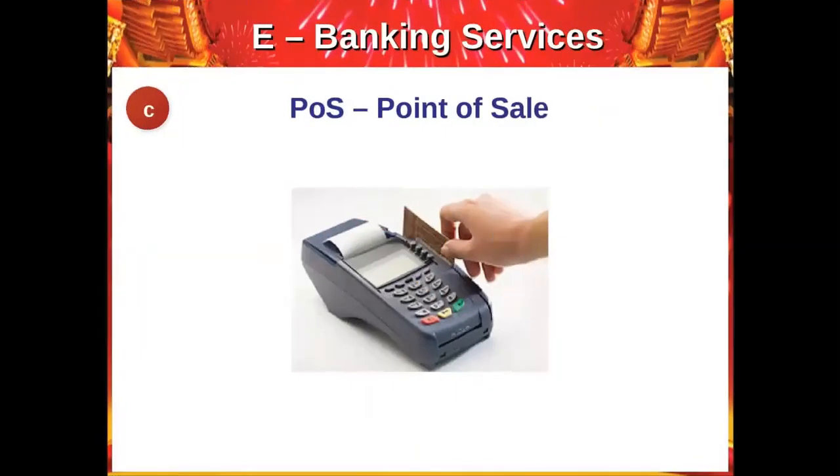Then point of sale: whenever you go to shops like ShopRite or any other shop, these days people prefer paying using their debit or credit card instead of carrying heavy cash. Your card is swiped and the amount is entered, then you enter your PIN and the money gets debited from your account.